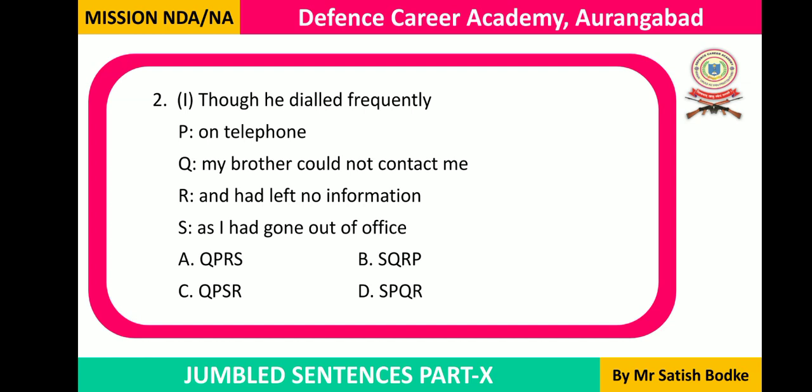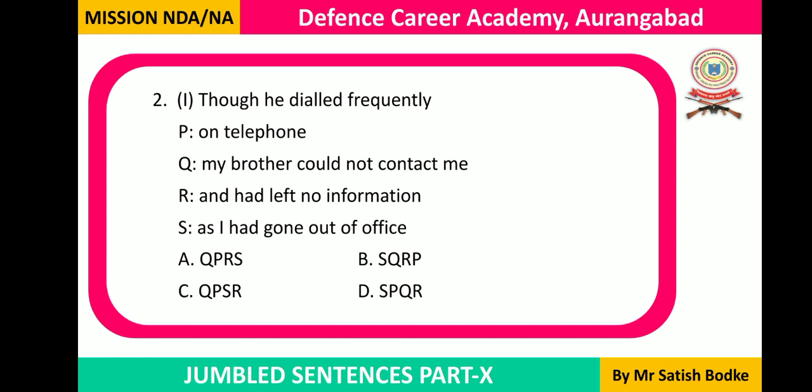So we'll have to look for a subject in the options. "Though he dialed frequently, my brother could not contact me." See here, my brother is the subject, could not contact is the verb, me is the object. So this makes a clause.